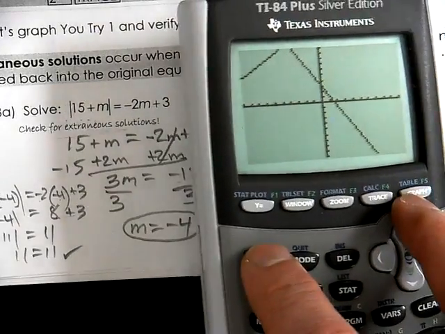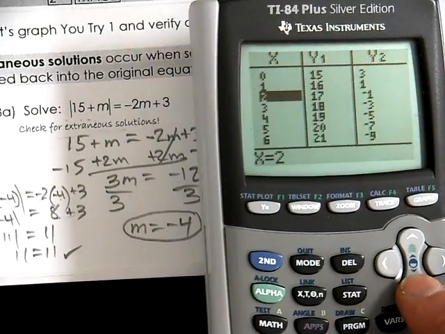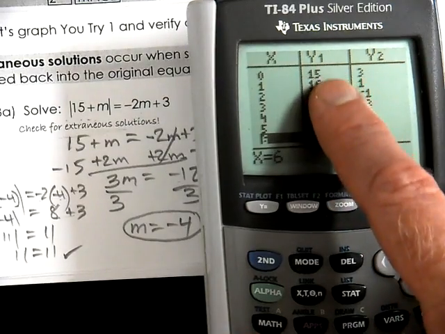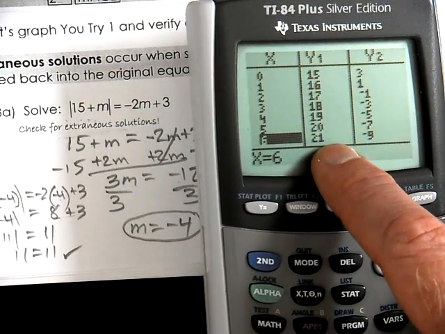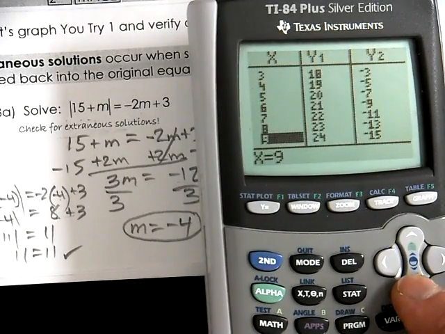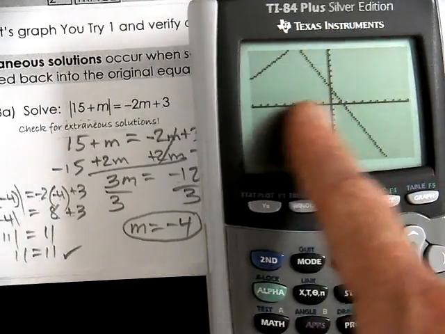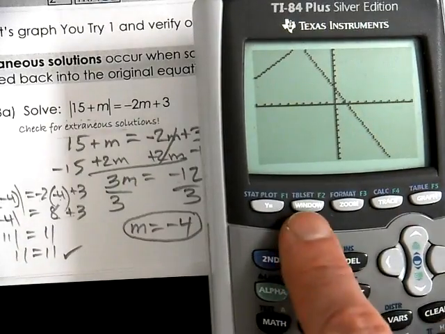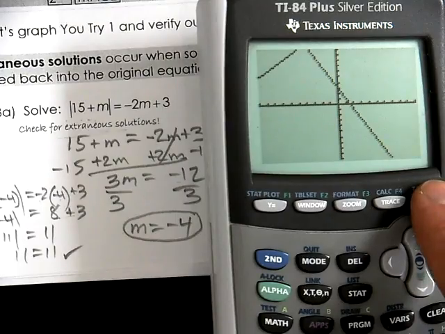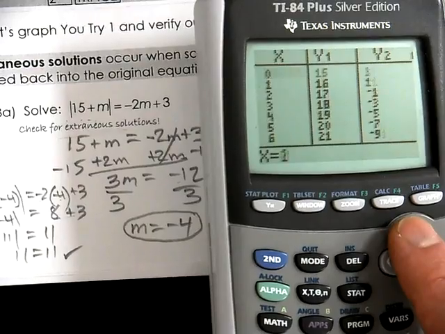If you go to table, second graph, to go to table, when x is getting bigger, notice my absolute value function is getting bigger. All right, that was way too big. Let me take another look. Oh, those are negative x's, right? Let's go to negative x's. Second table, negative x's.